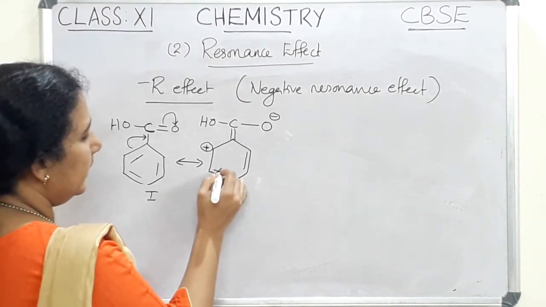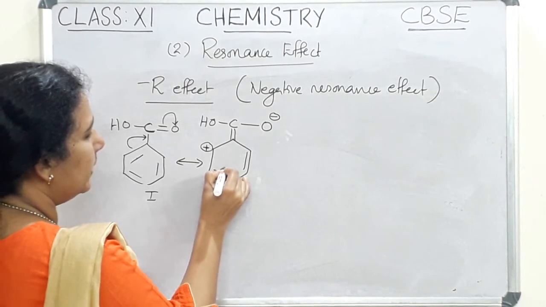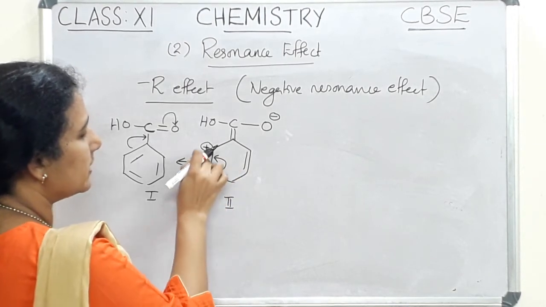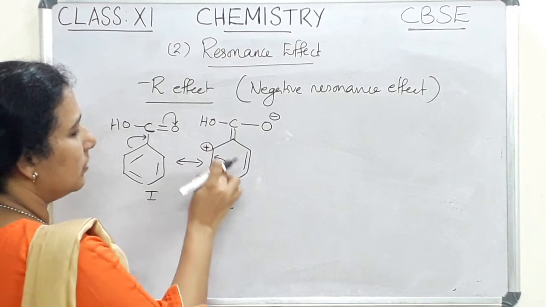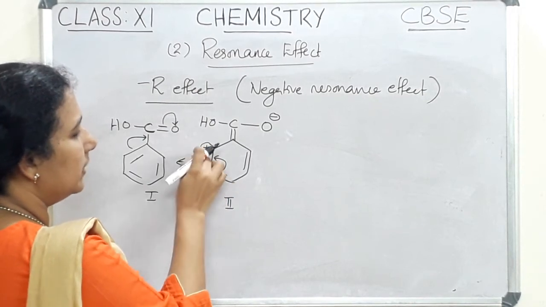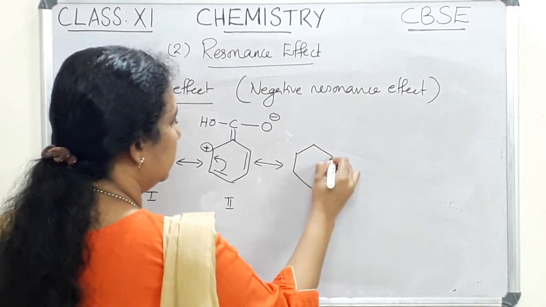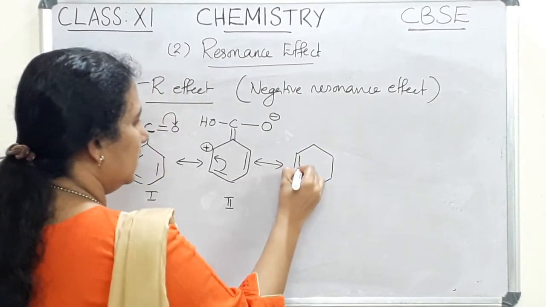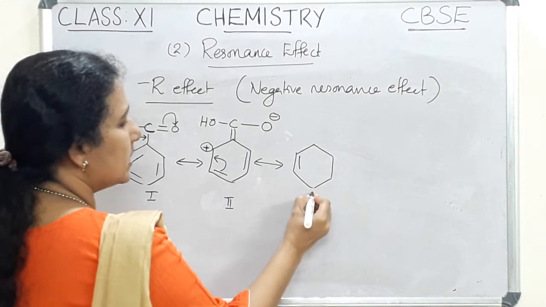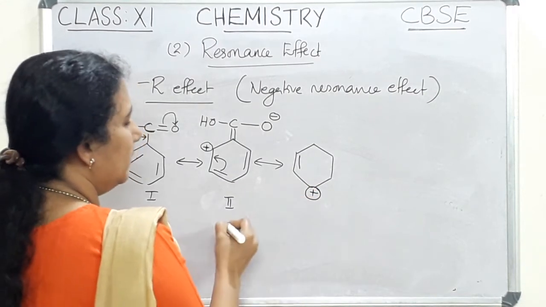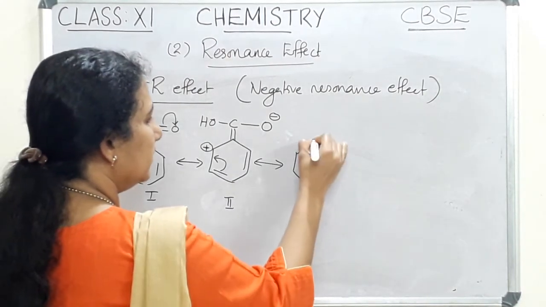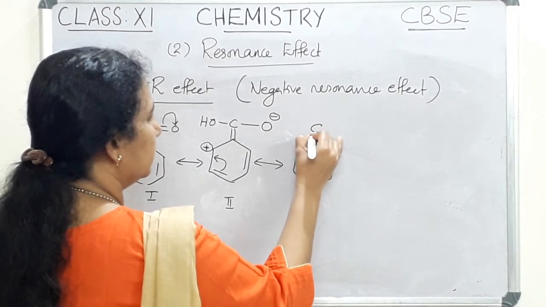Then the next structure will be this bond is shifted towards here. That means here there is a deficiency of electrons. So electrons are shifted from here to here. Then we will get the next structure. Here there is a bond, so it is shifted from here. So this carbon gets a positive charge and the other bonds are the same.